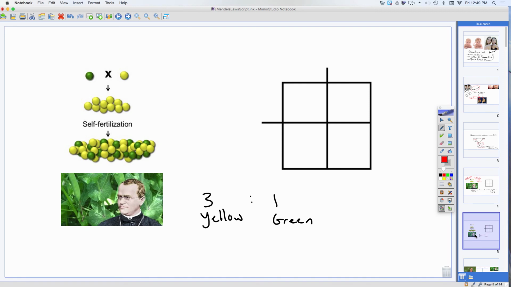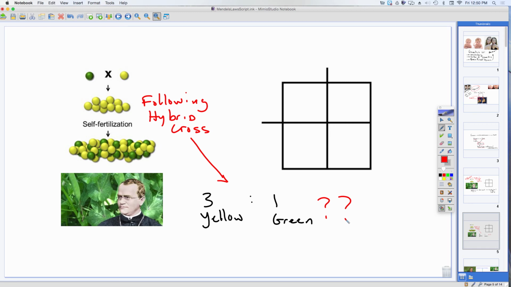So now let's try to figure out how these numbers came about. How did we end up with a 3-to-1 ratio when we did what's called a hybrid cross? So where did this ratio come from?